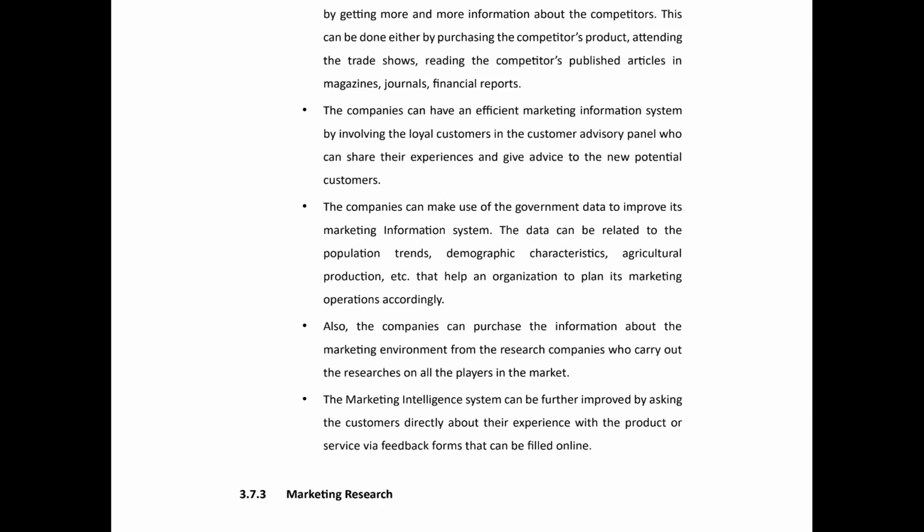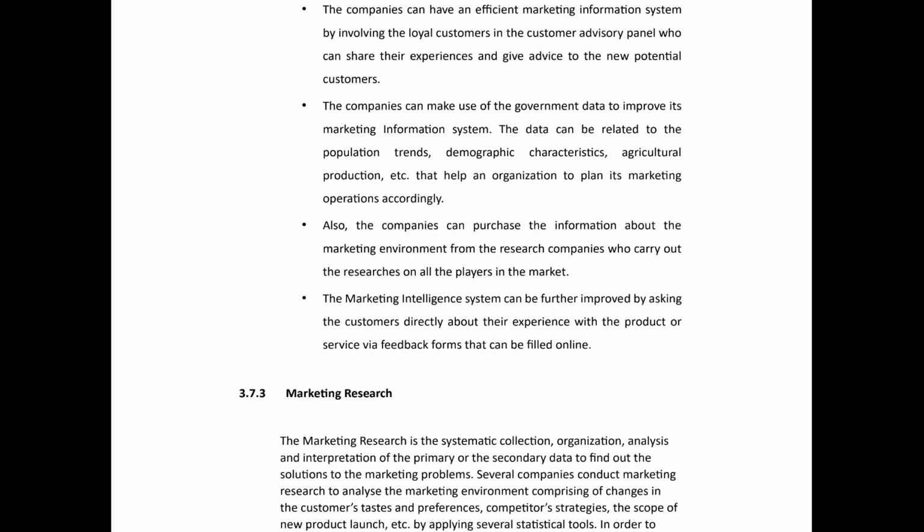The company can purchase information about the marketing environment from research companies who carry out research on all the players in the market. By the way, they are research institutes that are just there to gather data for you. They are there in the market, so you can also buy data from them.